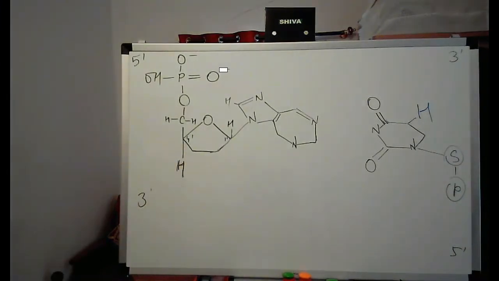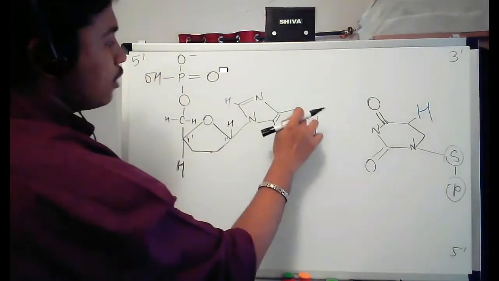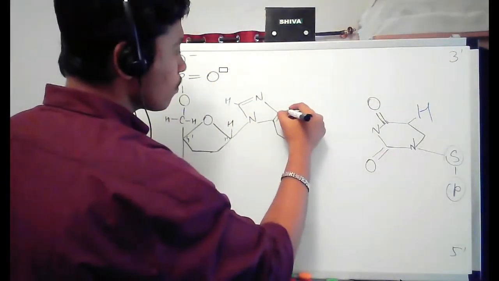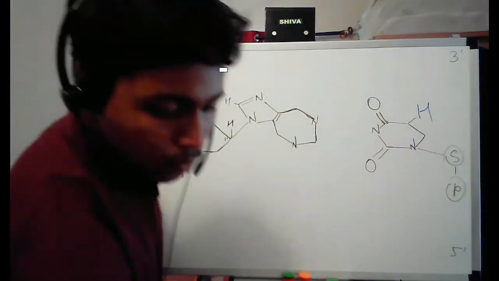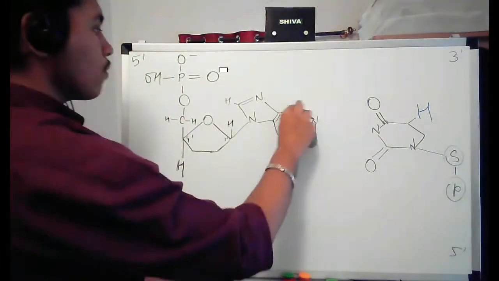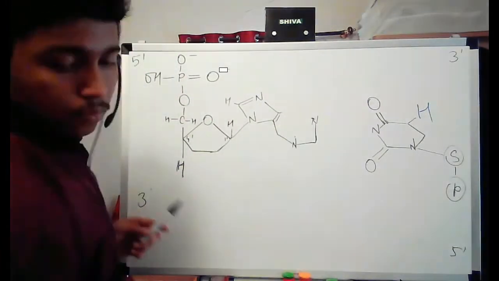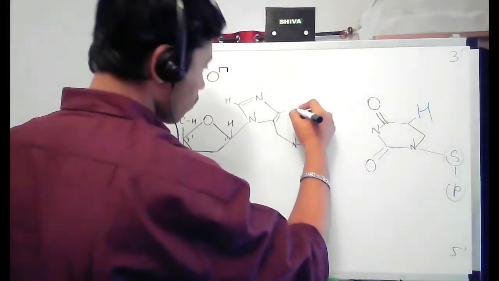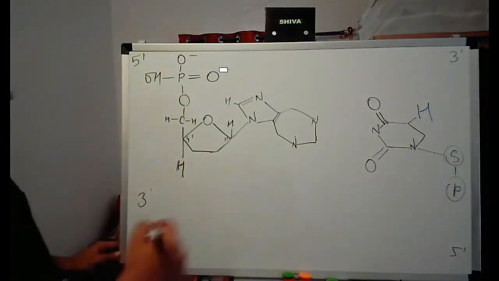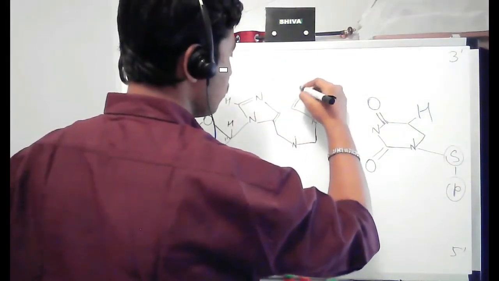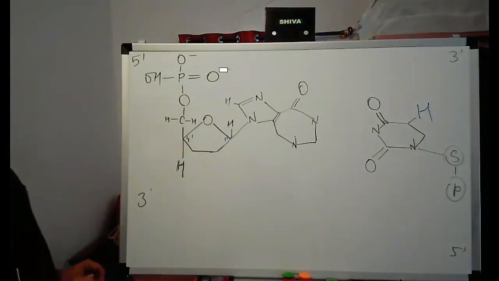Let's now focus on the structure of guanine. This double bond vanishes, and over here an oxygen atom is left out.